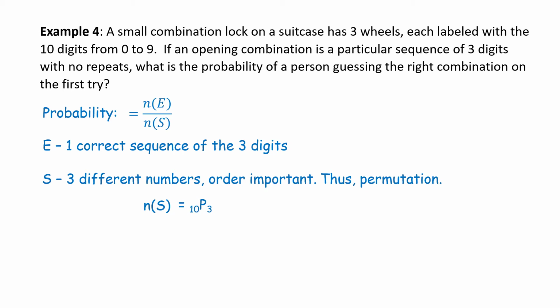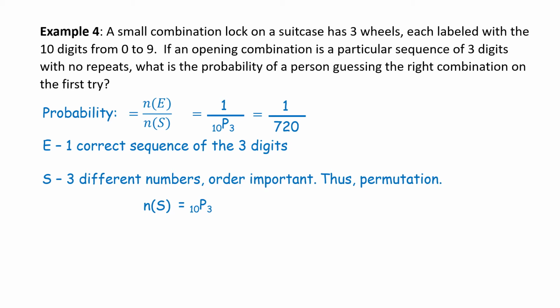Now we can go back up and compute the probability. N of E is 1. There's only one correct combination, and we'll divide by 10 permute 3. Use your calculator. The 1 in the numerator stays the same. 10 permute 3, using your calculator, is 720.